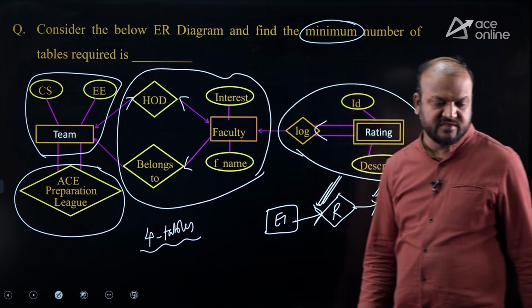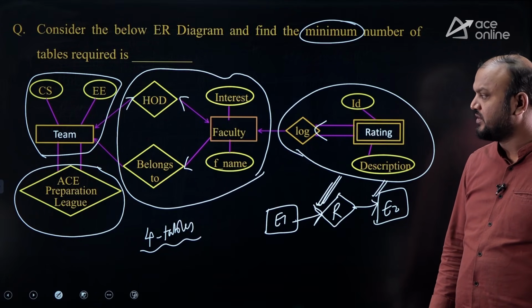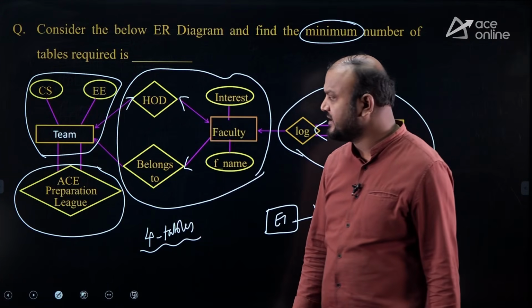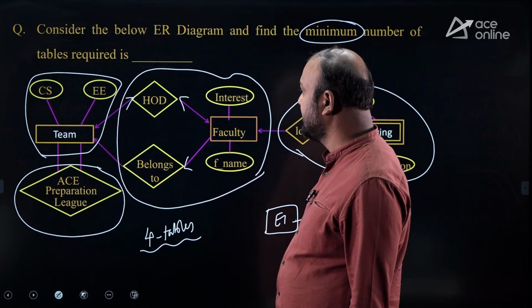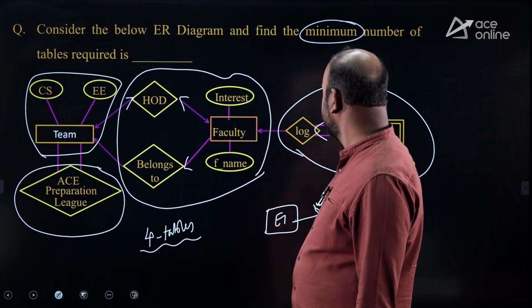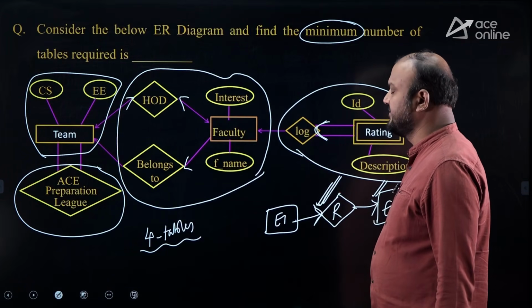The number of tables is 4. Simple, keep the arrows and count. Anyhow, because the arrow is there, log is to be merged with rating.